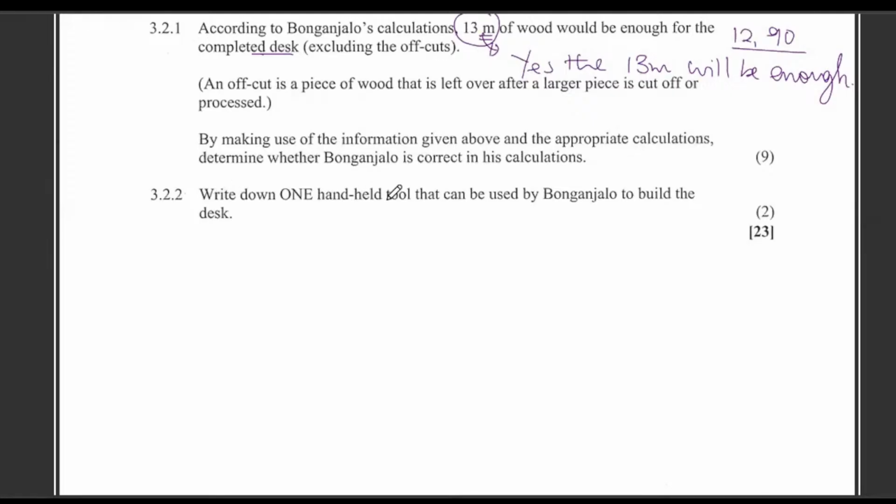Write down one handheld tool that can be used by Bonganjal to build the desk. Number 1, we have what we call a hammer. Then someone could have said a screw. We have what we call a screwdriver. I believe also a tape measure is a tool.